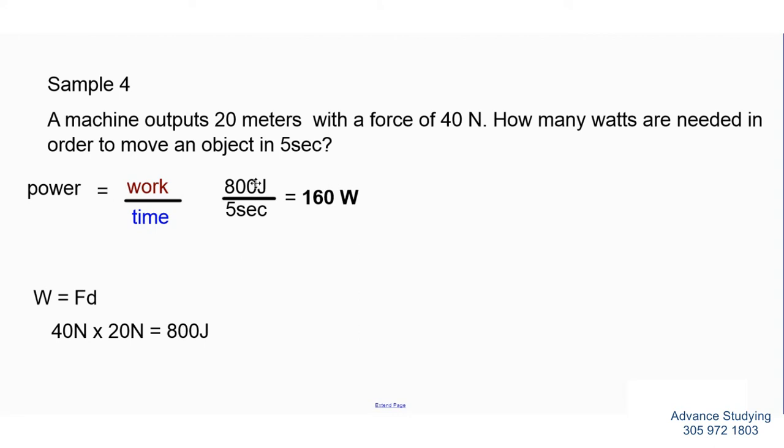There I have it, 800 divided by the time given to me, which is 5 seconds, and I have 160 watts, or power. So the question is asking for watts, which is power, and I needed to find work over time. There you go, work over time gives you watts or power.